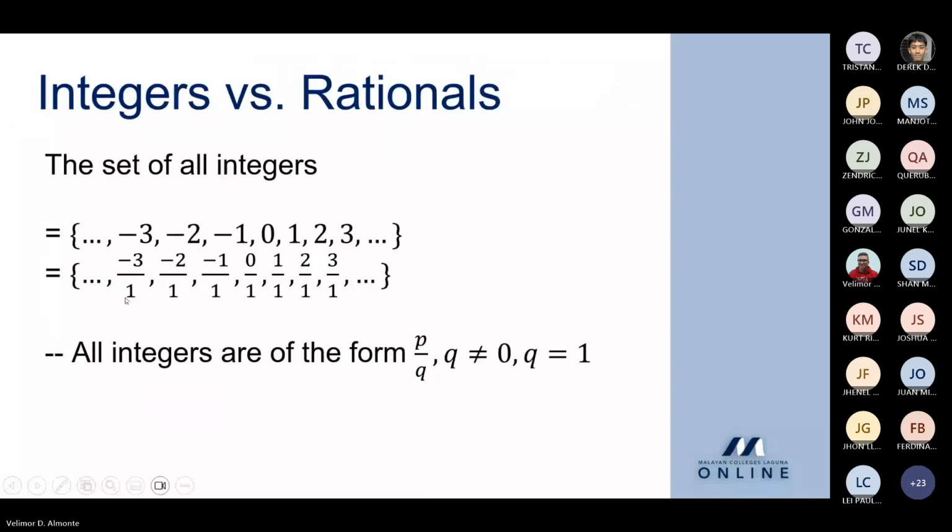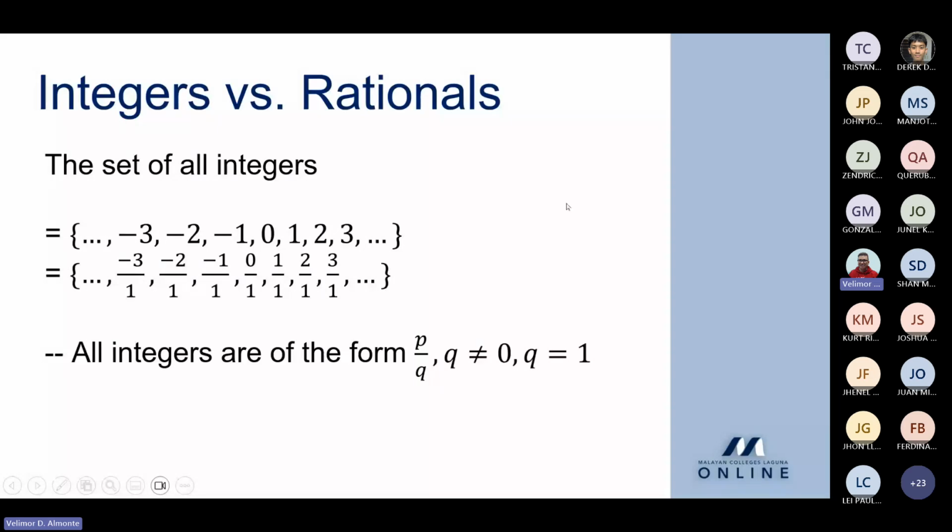So we interpret the set of integers this way: if you use a divisor for each integer, specifically 1, then you have written down the integers in fraction form. And so our interpretation is that is why integers are also considered rational numbers. Their default divisor is 1.